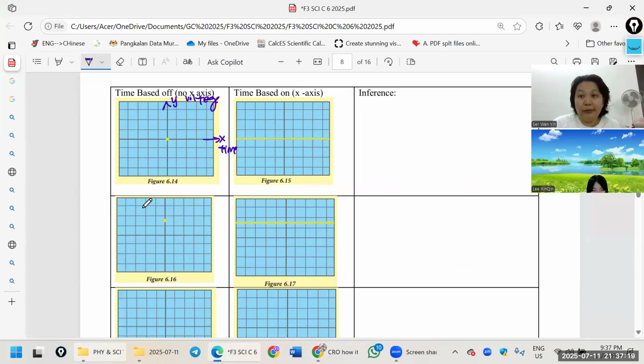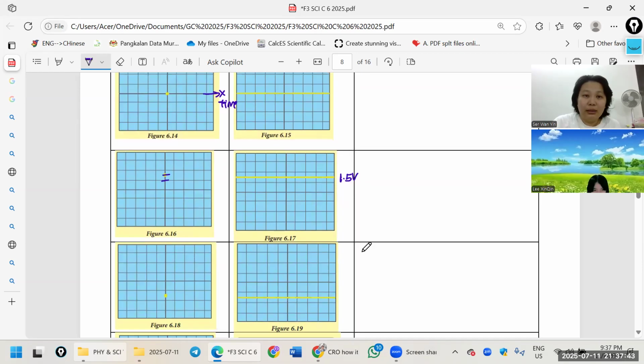Now see, if we put one battery with time base off, meaning no x-axis, then from the center it will jump up 1.5. Then when the time base is on, it will go through a straight line, so it will become 1.5 volts.